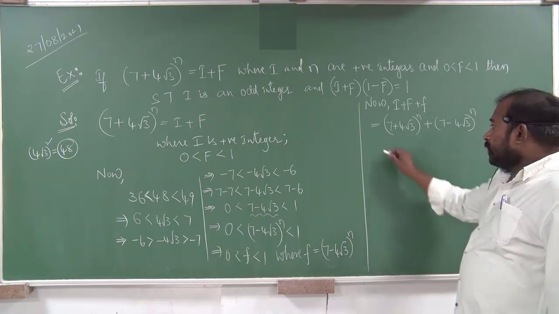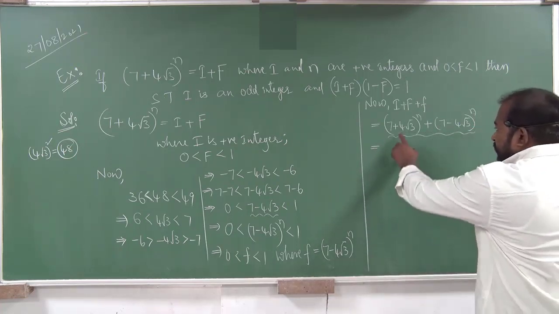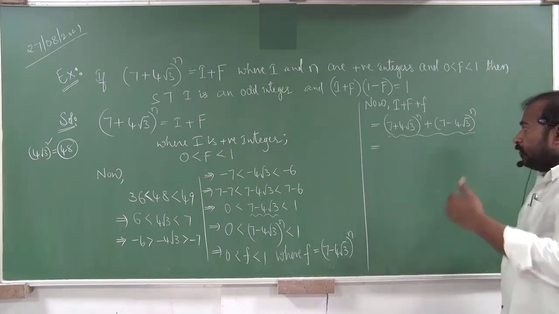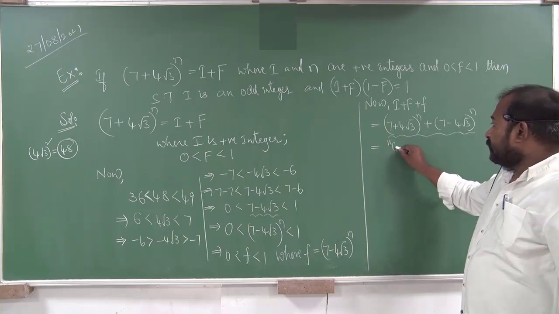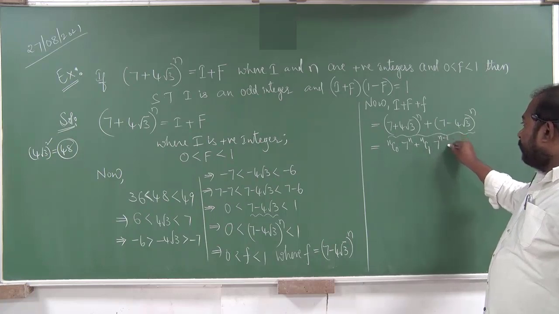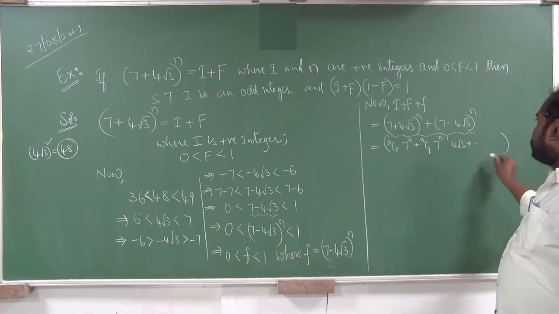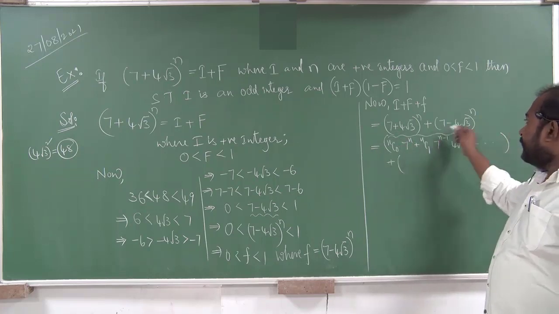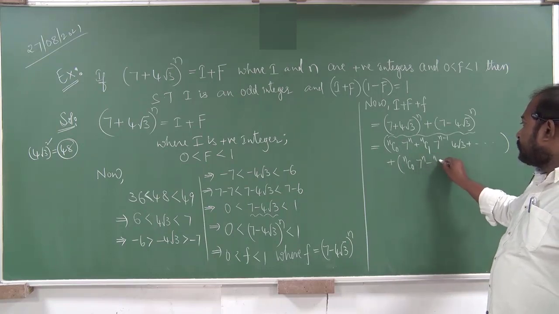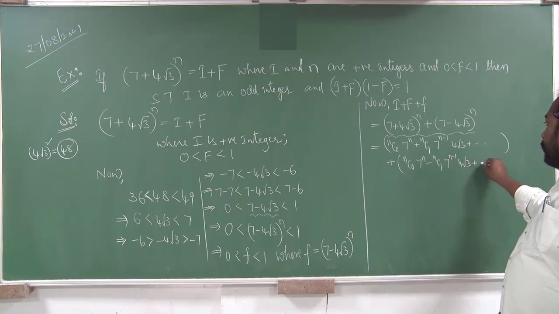Now if I expand this total value, here plus is there, so all the terms will be plus, but here minus is there. So if you expand, the first expansion is nC0 7 power n plus nC1 7 power n minus 1 into 4 root 3 plus and so on. The second expansion is nC0 7 power n minus nC1 7 power n minus 1 into 4 root 3 plus and so on.